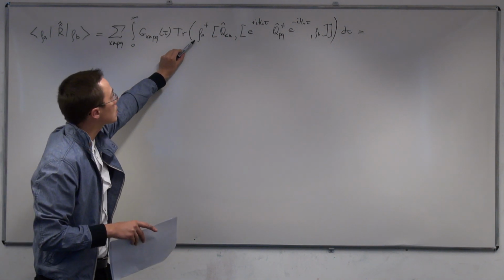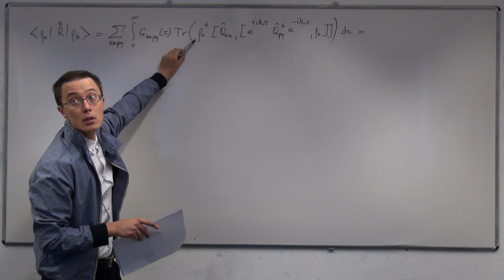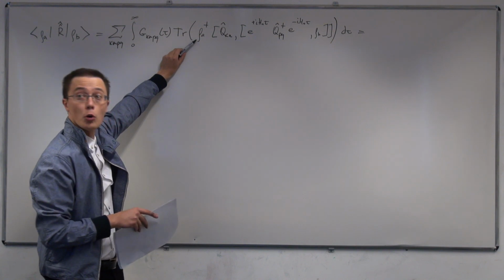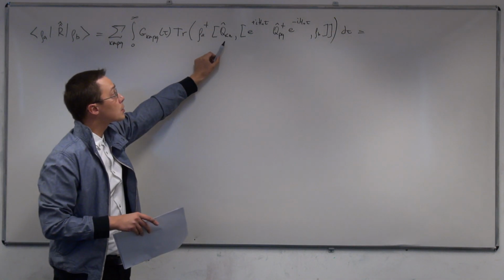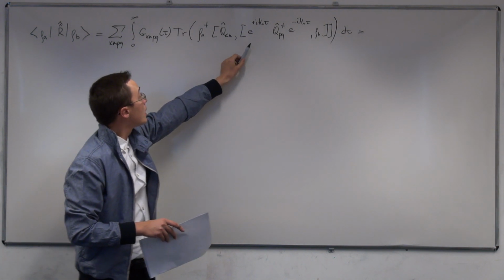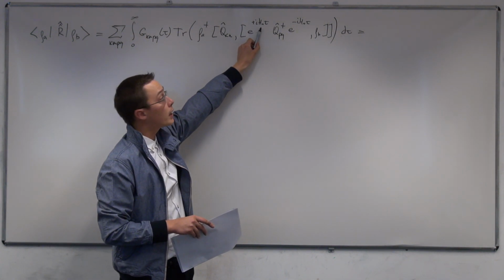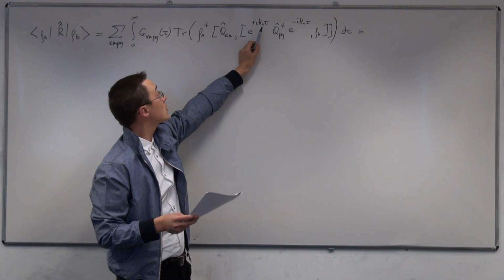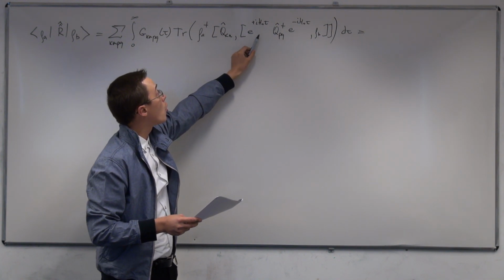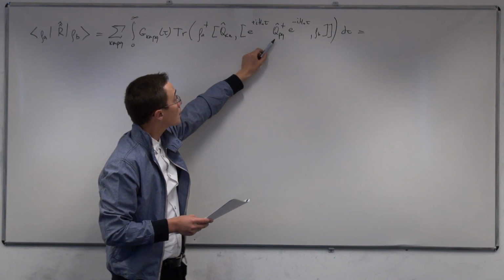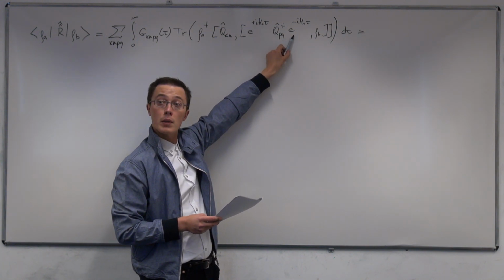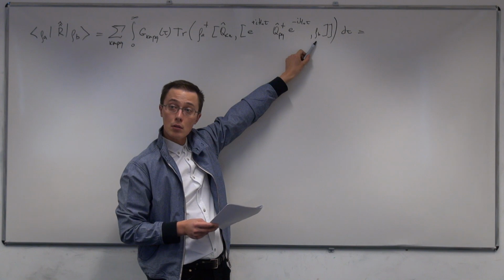Rho A is a vector or a matrix in this case, it's Hilbert space, but it's a constant matrix. It's something that we got out of here. Q k m is also a constant matrix. This, in the case where H naught is diagonal, we can always make it that way, is a bunch of complex exponentials that depend on time. This is a constant, that's another bunch of complex exponentials, and that's another constant.